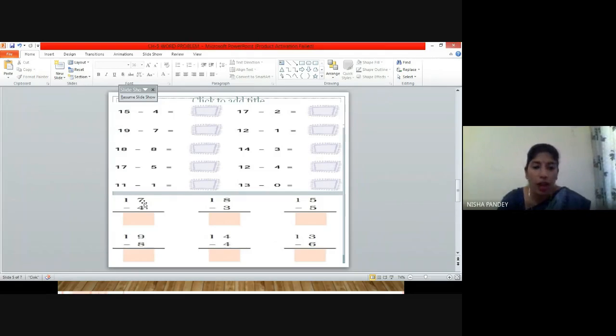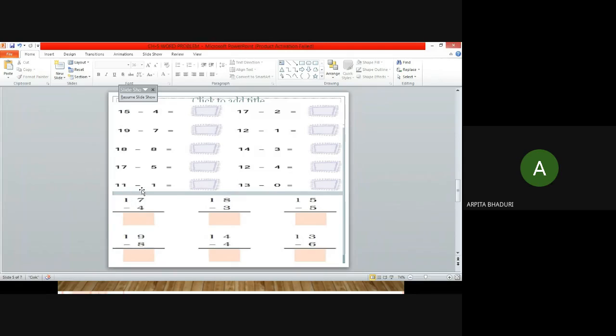Now 17 minus 4. So here it's a downward subtraction and it is already written in proper place. See, this is 7 and this is 1. In 17, 1 is placed at tens place and 7 is placed at ones place.